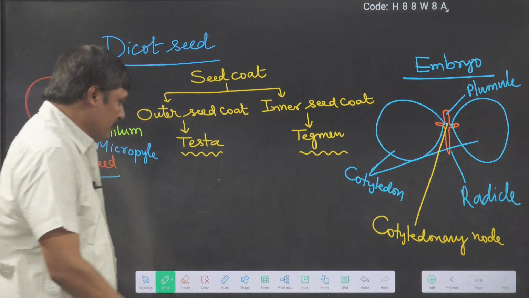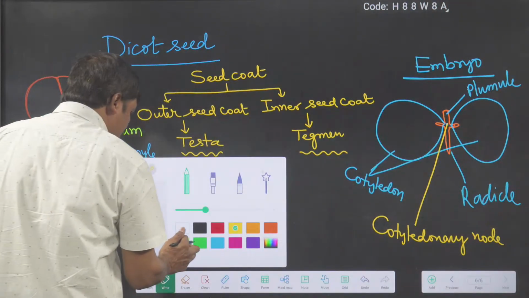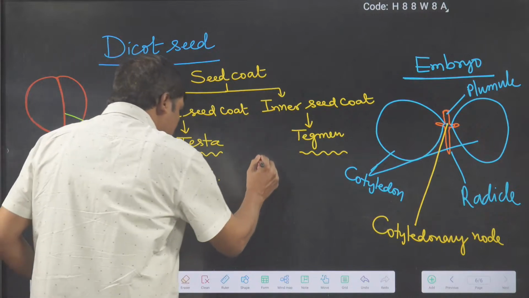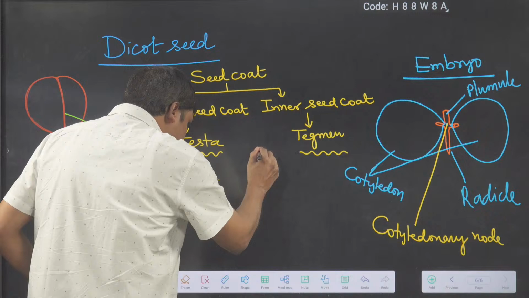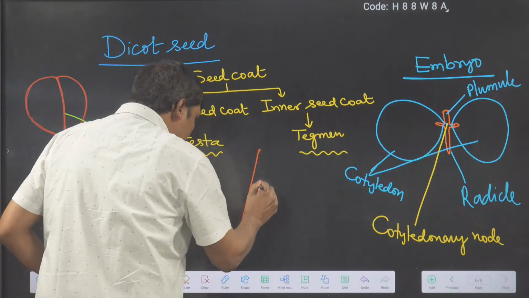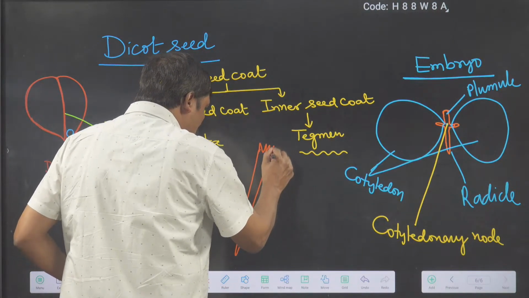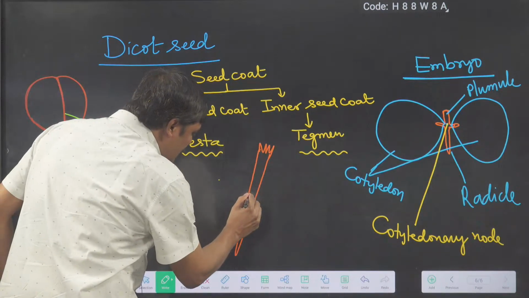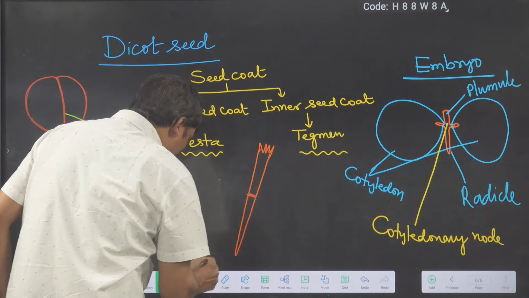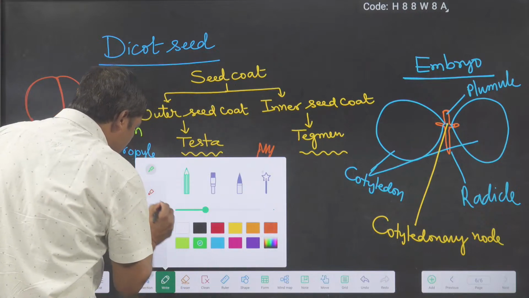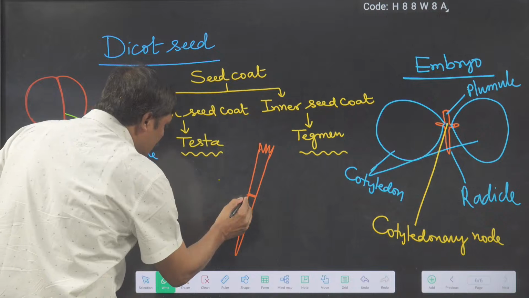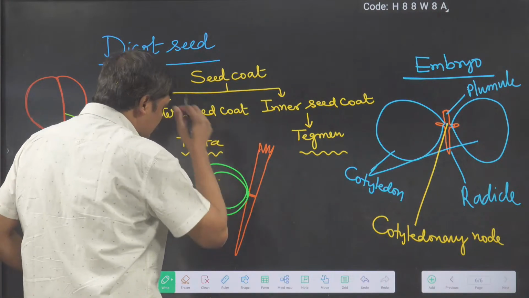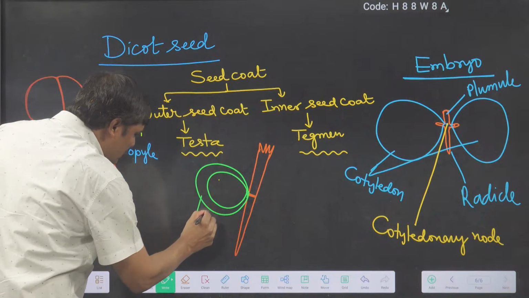And I will draw one more diagram for better clarity. All of you see here. This is the embryonal axis. This is the cotyledonary node. Here one cotyledon and another cotyledon. So these are cotyledons.